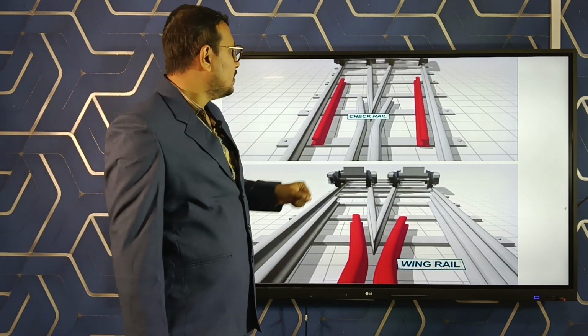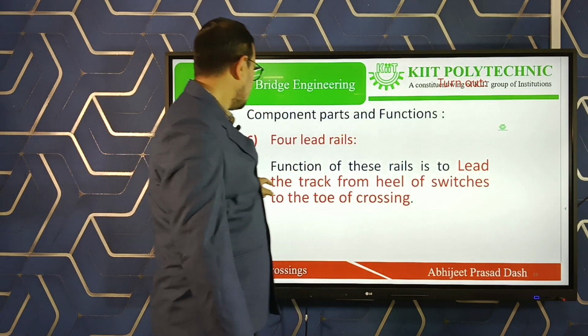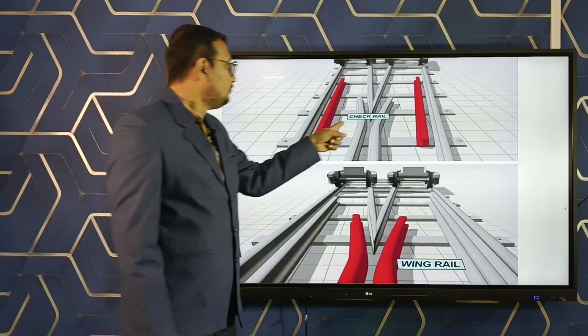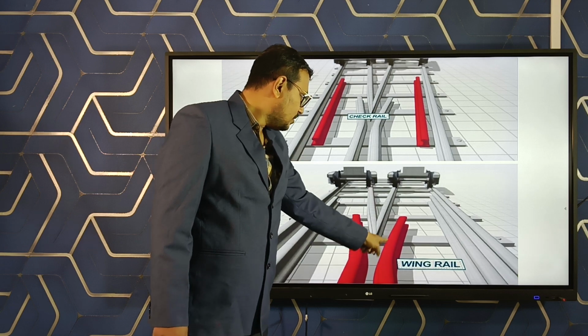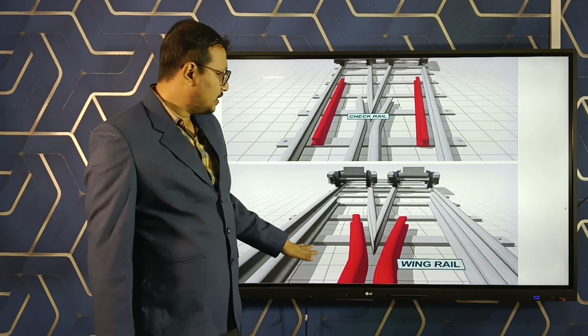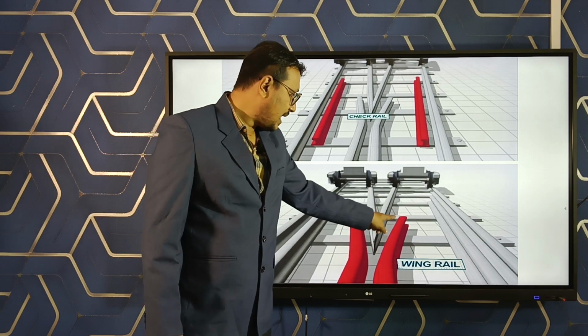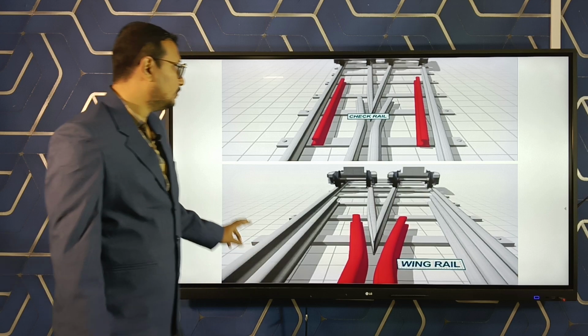So now you see here the check rail. This is also called nose. This one is your nose. This is your main line, and this is your branch line. So this is your guiding rail called wing rail. Okay.